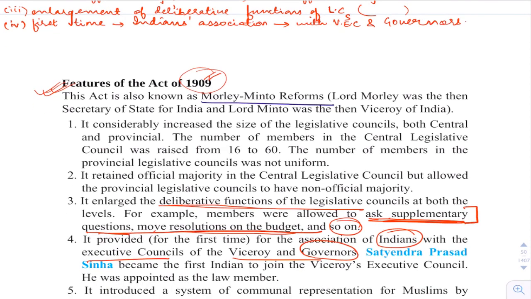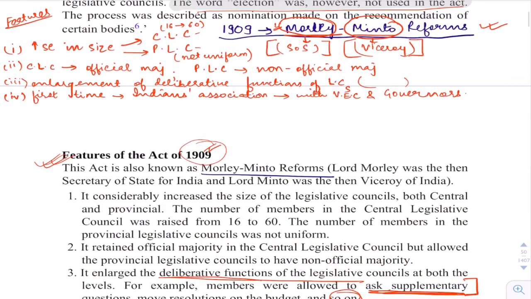And who was the first Indian to join the Viceroy's Executive Council? And he was appointed as the law member. So that person was Satyendra Prasad Sinha. Now this is very important point जो आपको यहाँ से short में मिल रहा है. Reverse आपको इसको लिखना चाहिए that who was that person और किस act से ये change आया.